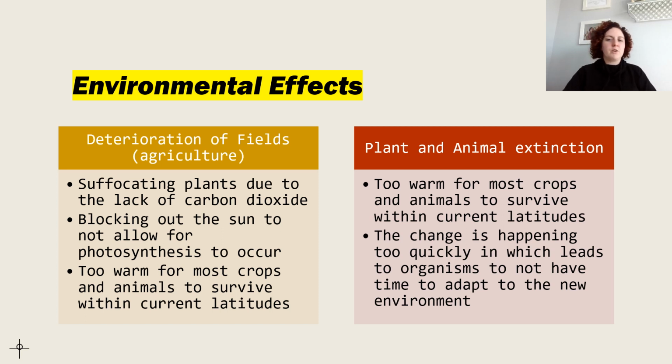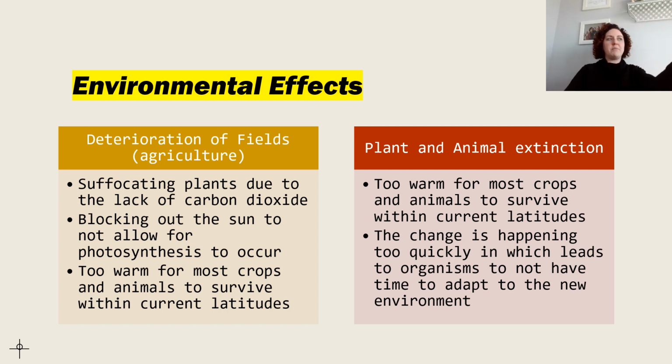By having it too warm for crops and animals to survive within current latitudes, you're then throwing animals toward heat exhaustion to where they just die from that, or dying from lack of nutrition because they don't have what foods they normally would need available to them. And then also just the fact that by changing our environment so quickly, it doesn't give organisms time to adapt.